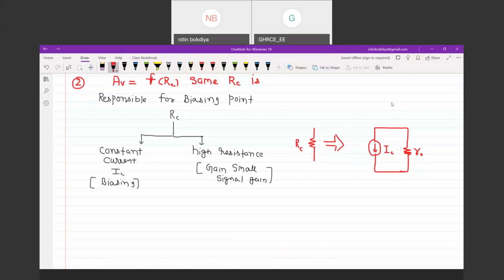If we are able to design a good current source, a good current source can solve our purpose.